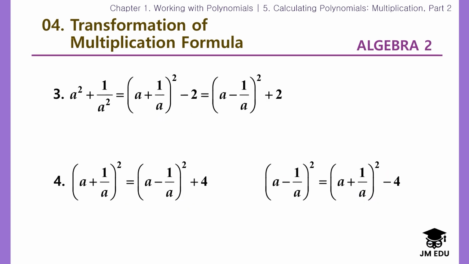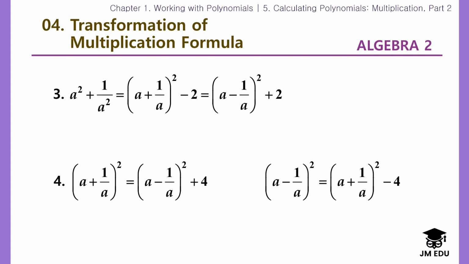Number 3, we have a² + 1/a². That's actually equal to (a + 1/a)² - 2, or (a - 1/a)² + 2. All of these three expressions are equal to each other, and I'm going to show you why, okay?